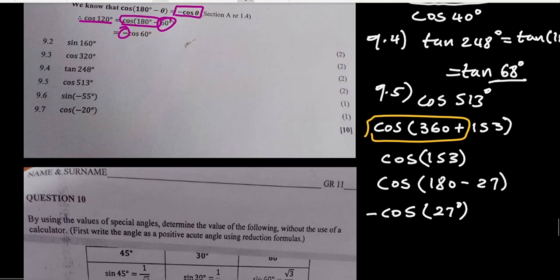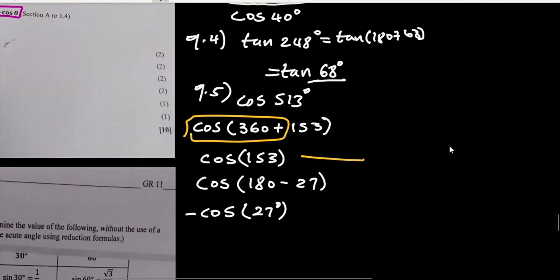However, on this one, you can also have 90 plus 63. 90 plus 63 will give you 153. And 90 plus is going to take you to quadrant number 2. On quadrant number 2, cos is negative. However, 90 is a cofunction, it changes this one here.